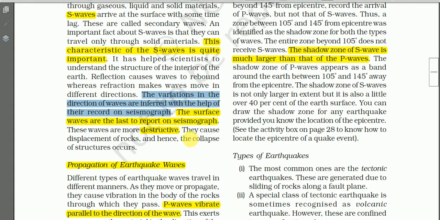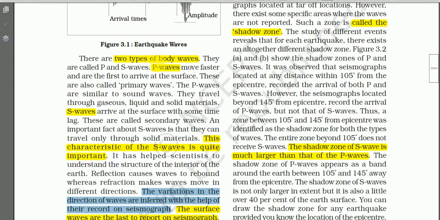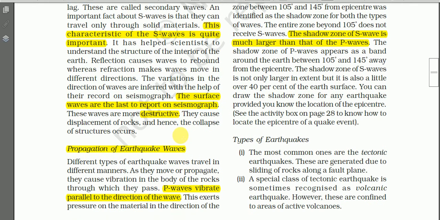And in addition to these P waves and S waves, we have the last type of wave, that is the surface waves. The surface waves are the last to report on the seismograph, and these waves are more destructive.